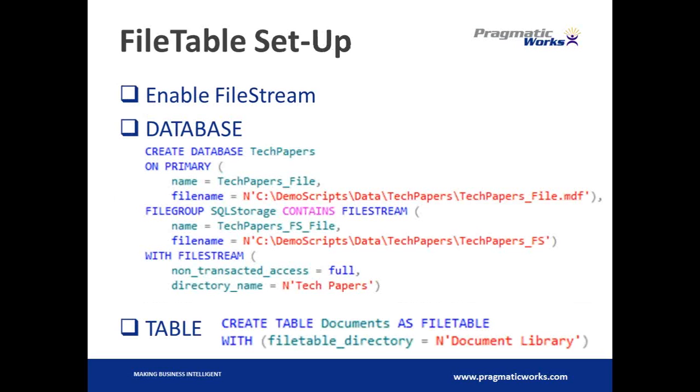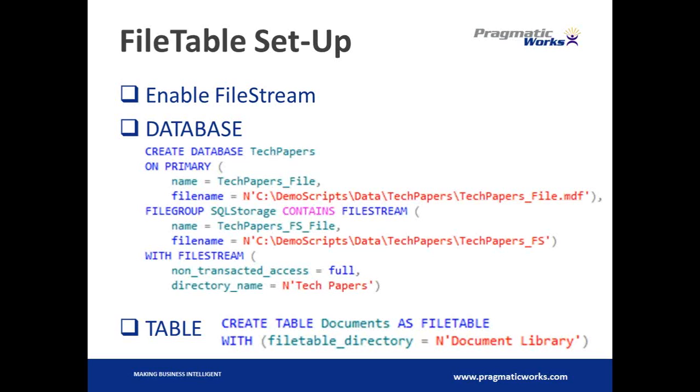So to create a FileTable, we have to do a couple things. Again, FileTable is built on Filestream, so the first and most obvious thing is you have to enable Filestream. Once we enable Filestream, we have to create a database, and we have to tell that database that it contains a filestream.